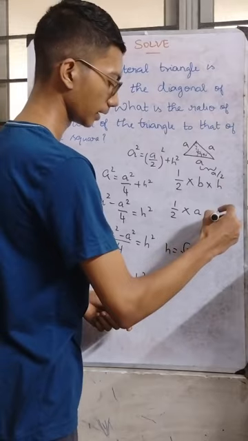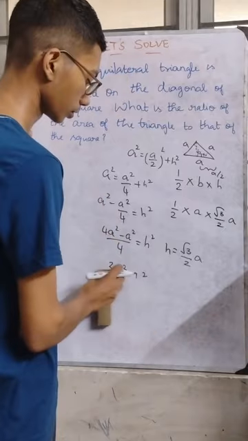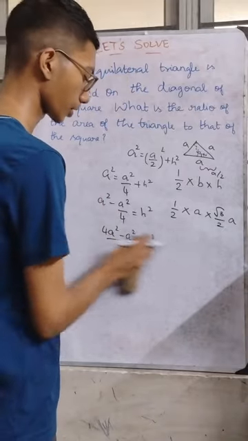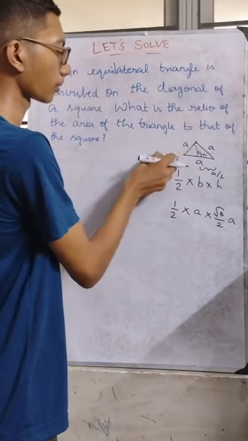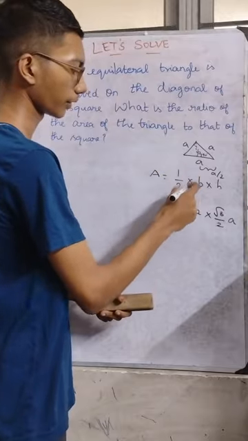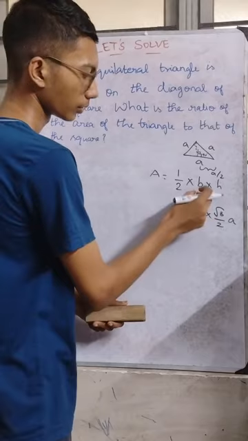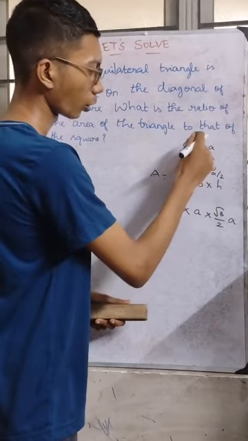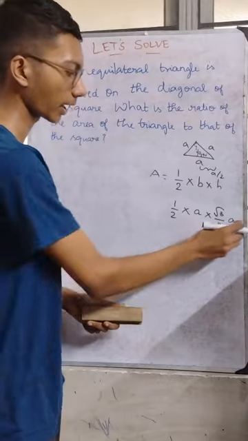So we can substitute that here, root 3 by 2 A. This is just for the computation of the area of an equilateral triangle from the area of a general triangle, half into base into height. The base of the whole triangle is A, and the height is root 3 by 2 A as we computed.